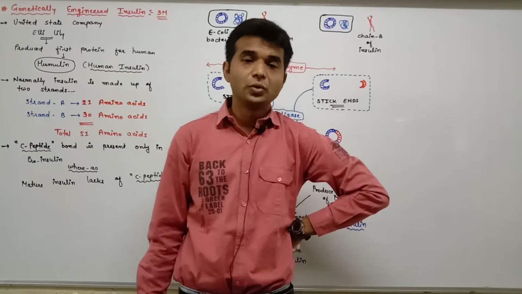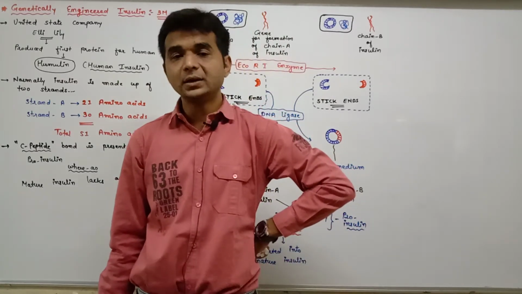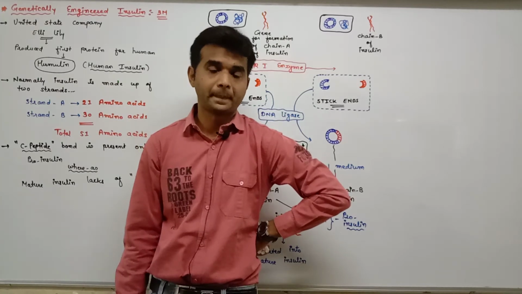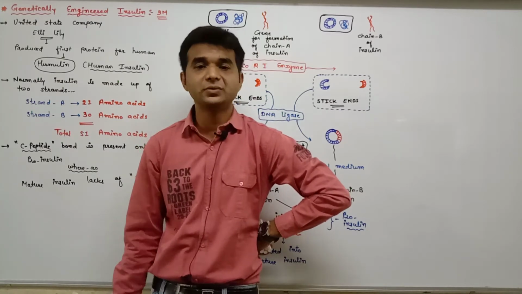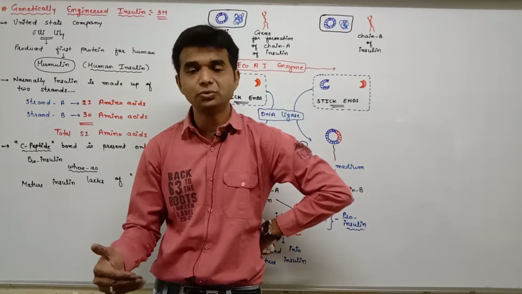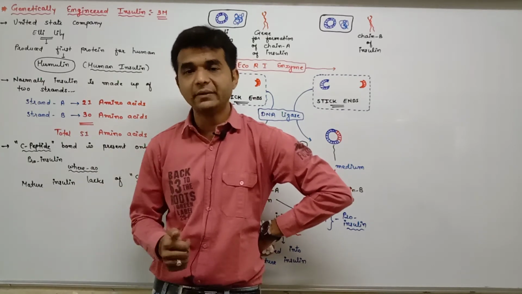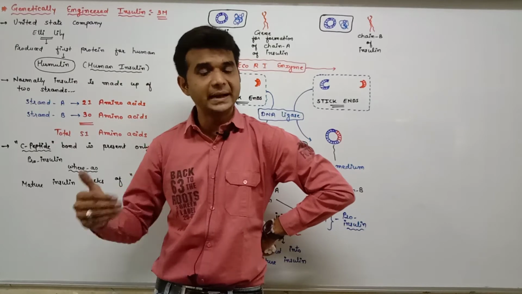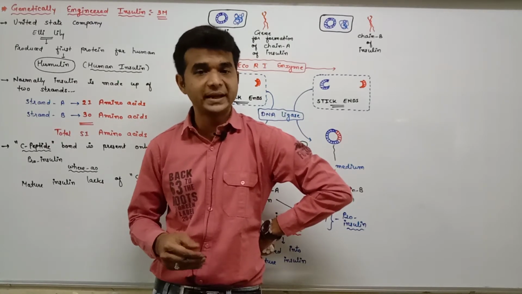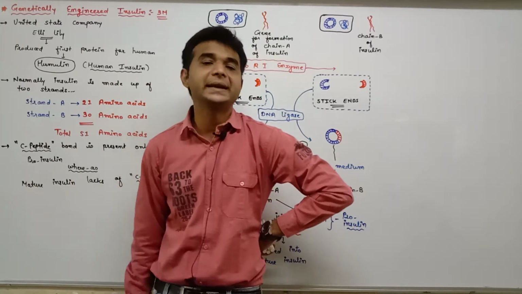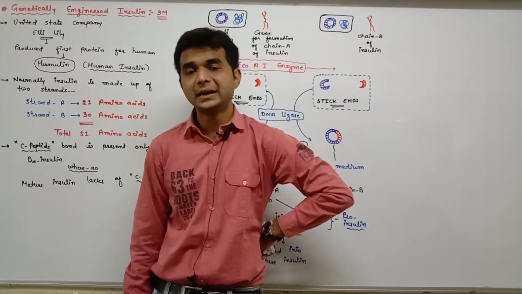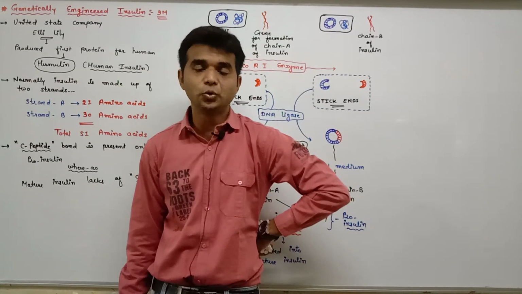So, many years ago, a person took that animal insulin. Yes, with the help of that insulin, we were able to reduce the blood sugar level. But this is animal protein, so it is an antigen for our body. Some side effects were created. That's why scientists thought about what we will do.